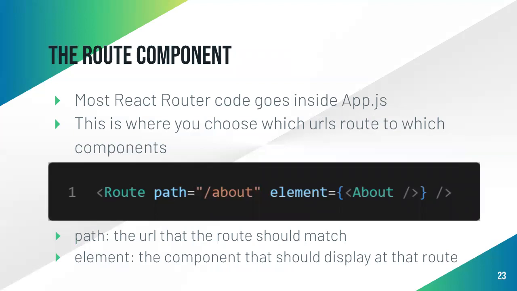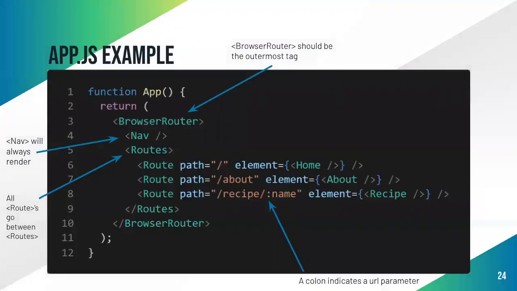So if we are at localhost 3001 and then went to /about, the about element would be rendered, and that's the About component that gets rendered when we go to the about page. So the element is the component that should be displayed at that route.